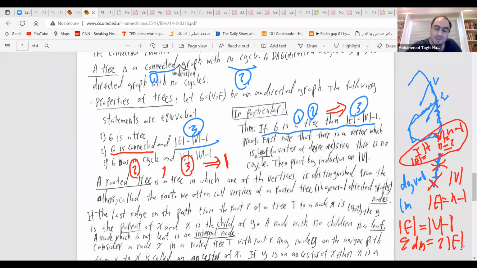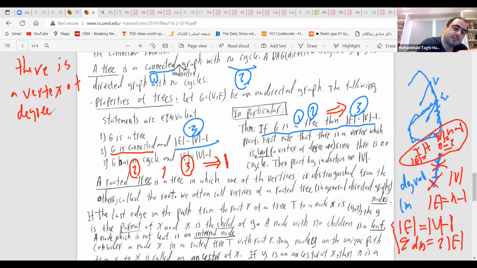Good. What's the meaning of that? It means that we cannot have all vertices with degree more than one. These two together say that there is a vertex of degree 1.